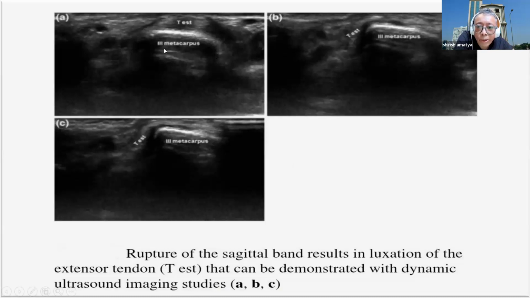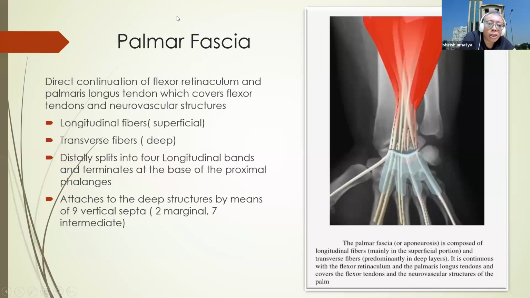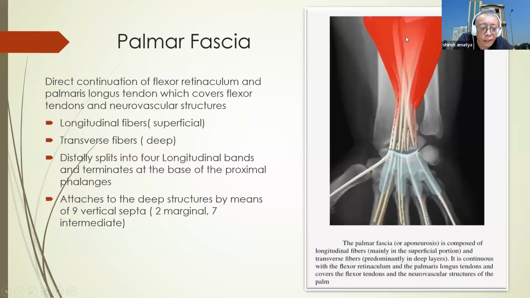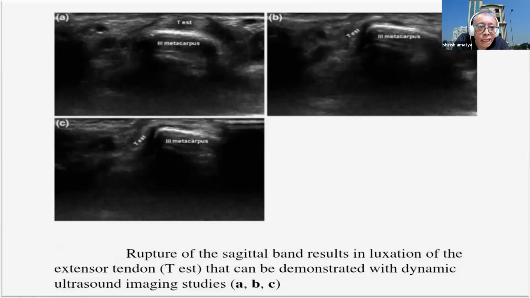In picture A, you can see the extensor tendon lying very nicely just above the metacarpal head, and this anechoic line at either side of the tendon are the sagittal band. This picture is taken when the finger is extended, but when the patient flexes the fist or the finger, you can see the extensor tendon is no more just above the metacarpal head.